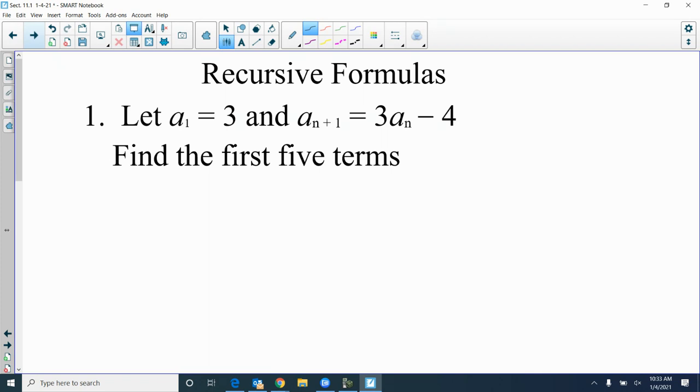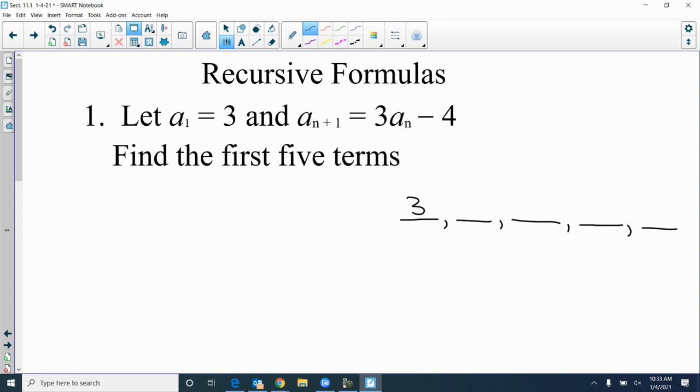Just take a look, see if you can come up with any idea what the second term would be. First term is 3. Any idea what the second term is?